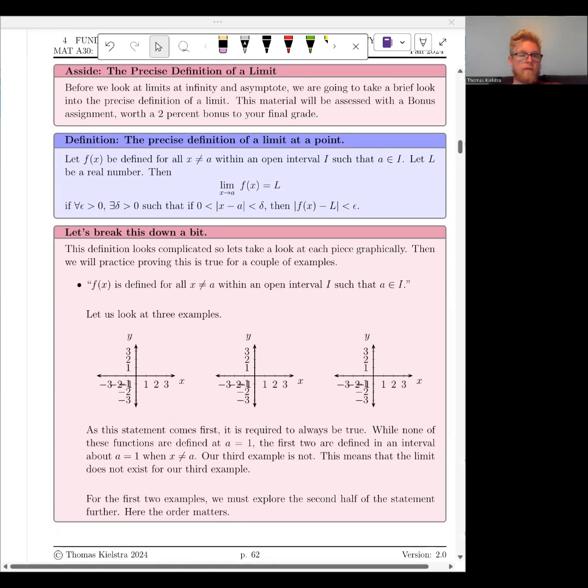We're going to look at the graph here, where we have a hole at 1, everywhere else y equals x plus 1. So this could be the function x squared minus 1 over x minus 1. Right? Then we have the following graph.